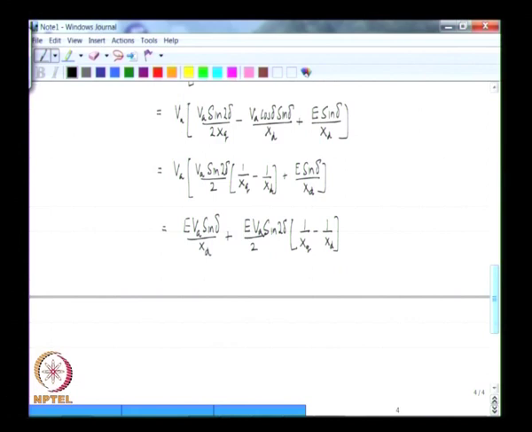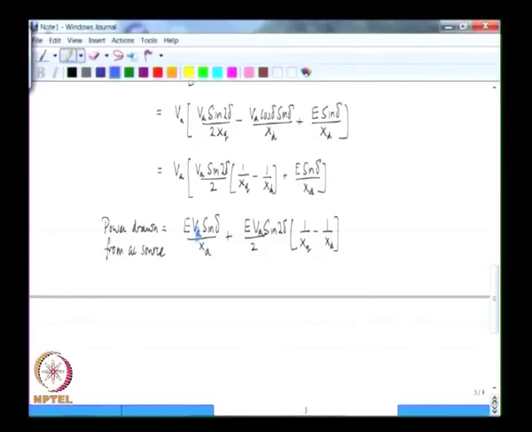Now this is the expression for the power drawn from an AC source by a synchronous machine. This is an expression which you might have already come across in your first course on electrical machines. If you consider a cylindrical rotor machine, then XD is equal to XQ, and therefore this term goes out.